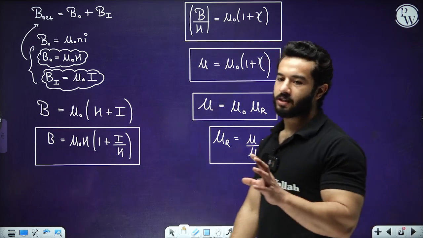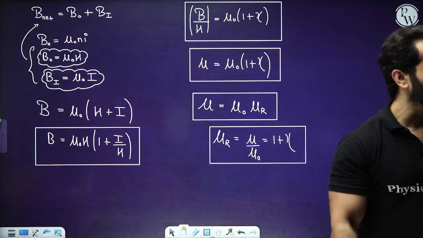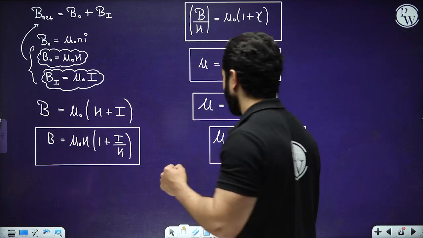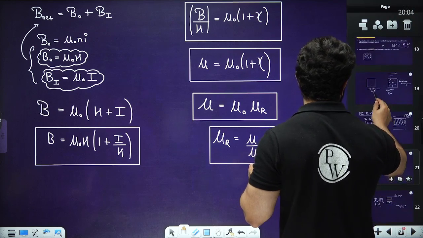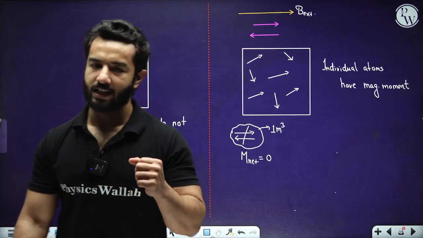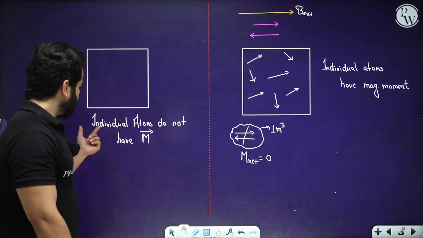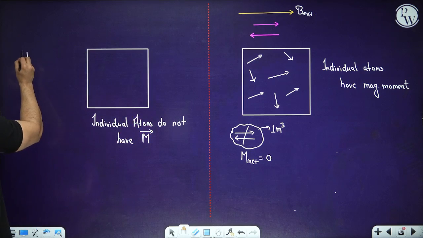Now we are going to discuss the three types of materials. What are the three different types of materials that we have here? Hopefully everything is clear till this point. Now, coming back to this classification: individual atoms that do not have any magnetic moment, these types of materials are known as diamagnetic material.